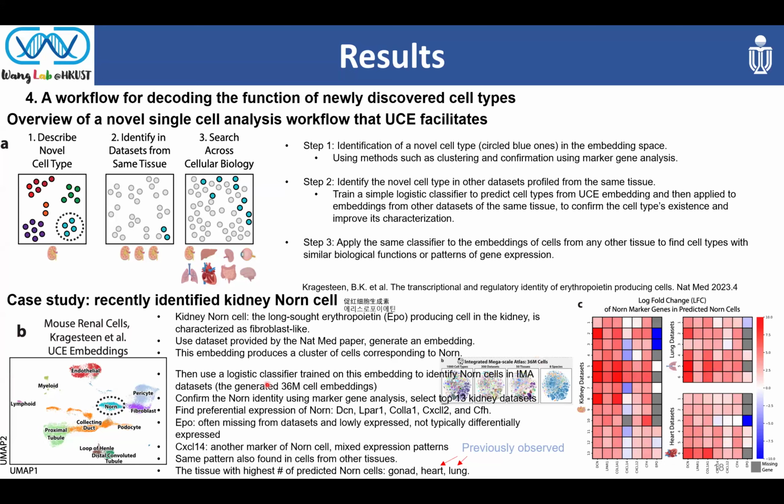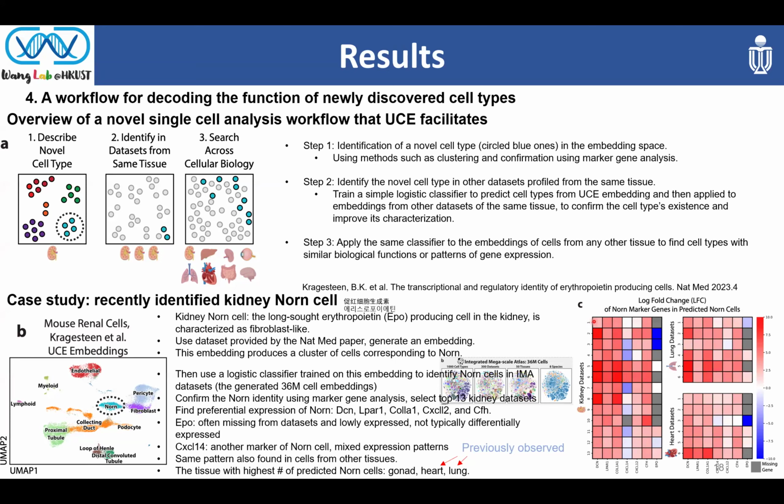After training, they predicted on this dataset and found some predicted neuron cells. After confirmation with marker gene analysis, they select the top 13 datasets with the most predicted neuron cells.